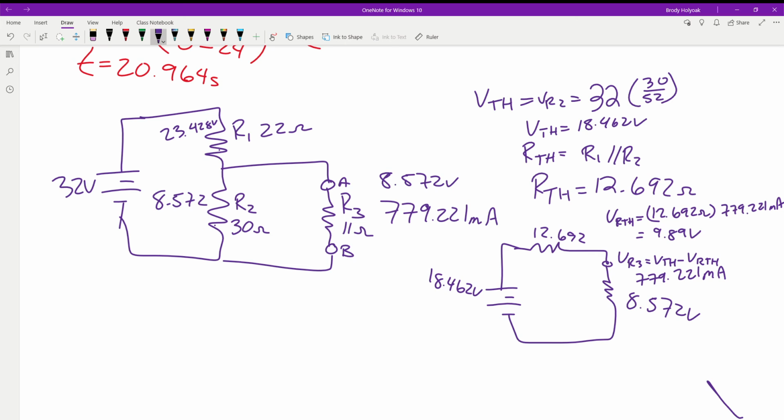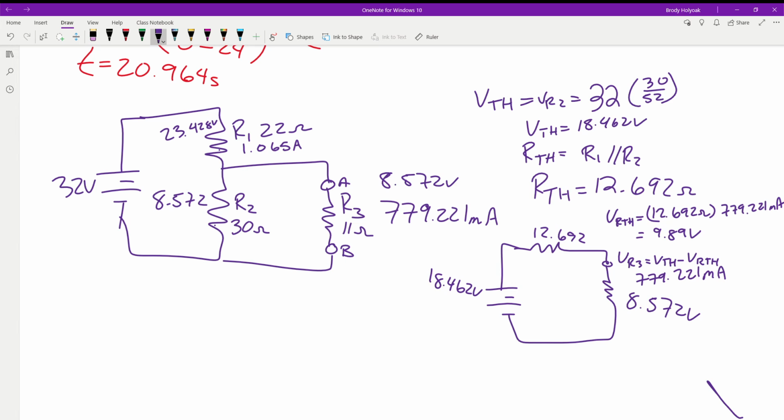Okay, what's the current in your head? 285 plus 779, which is close. It is a lot of amps. It's because we have very, yeah, 22 ohms is nothing.